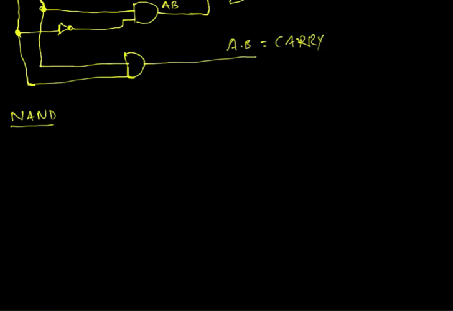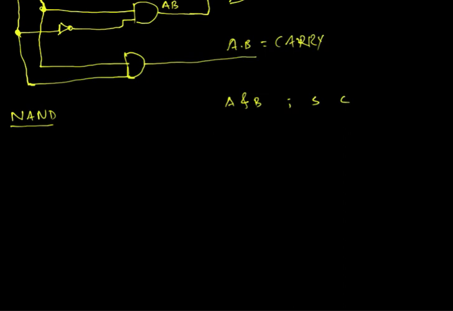Here for a half adder, the requirements are we should have two inputs, A and B, and two outputs, the sum and carry. This S represents sum and C represents carry.